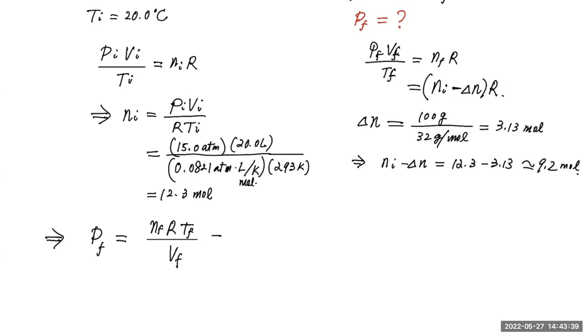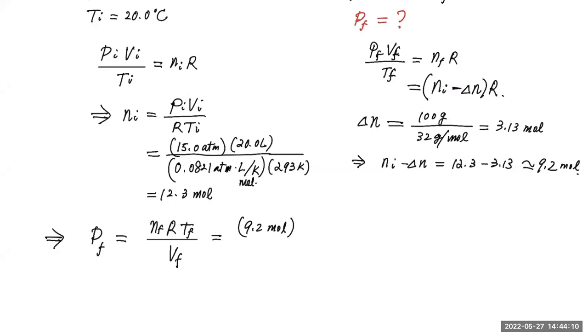N final, as you know, is about 9.2 moles. Depending on the units I use for the volume and for the pressure, I can again choose R to be either 8.31, the standard joule per mole Kelvin, or 0.0821 for ATM and so on.